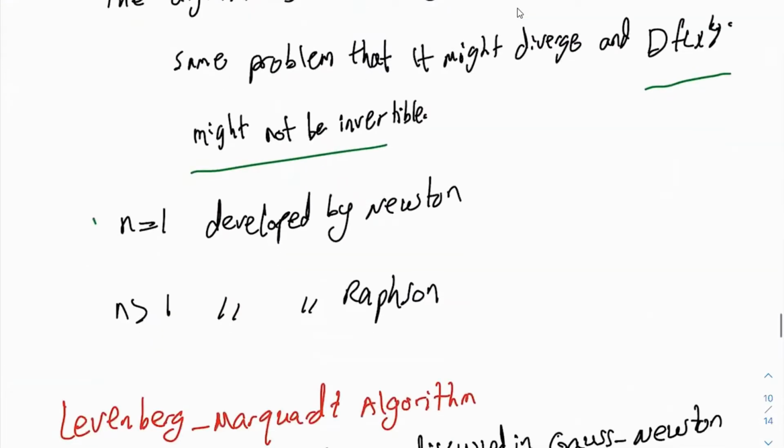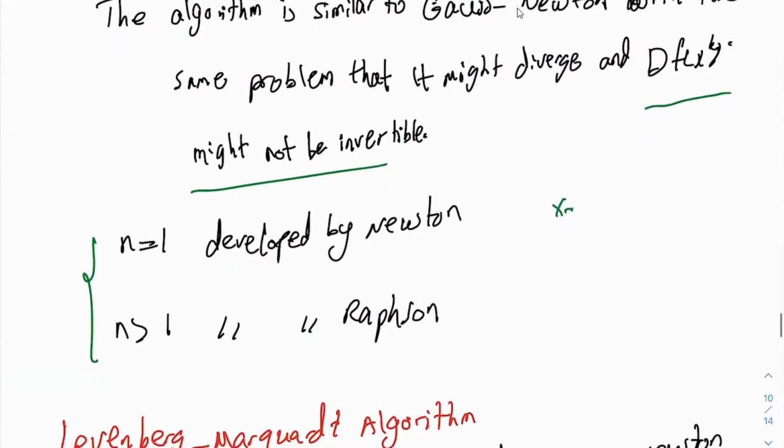So I wrote here that Newton developed it for n equal to 1, and that's why you see a lot of Newton methods for when you have a scalar valued function, and also x is 1 by 1. For example, you want to solve this equation, t ln of t is equal to 2, something like that. And Raphson developed that for n greater than 1.